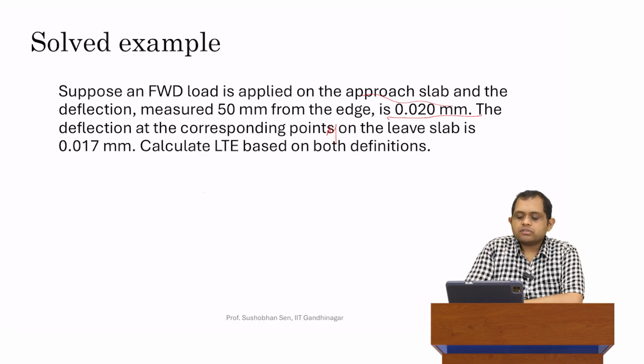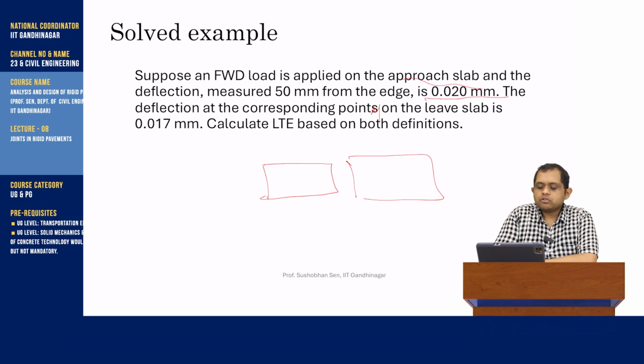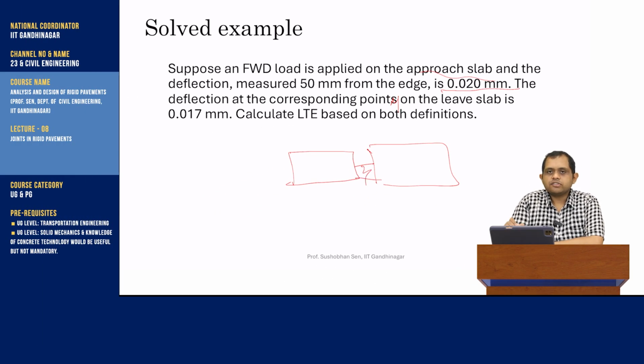So what we have here is two slabs. Again, the joint is like this that we saw up to about h/2, and then below that we allow this crack to propagate. Let's say that this is the approach slab, and this is the leave slab. Some FWD load has been applied, perhaps over here.